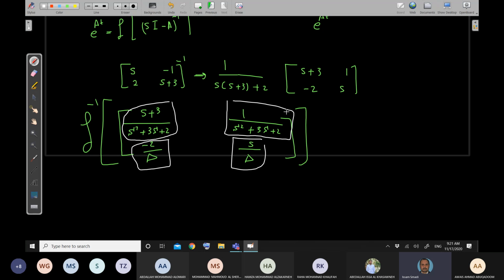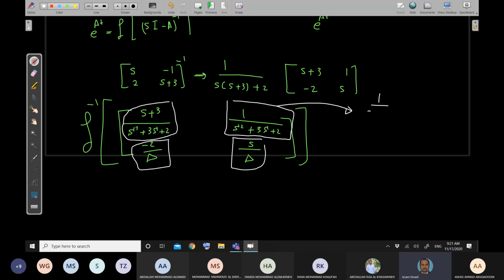Because I'm too old, I will take one as an example. Let's say the Laplace inverse for element 1, 2, the first row, second column. This is my lucky day.